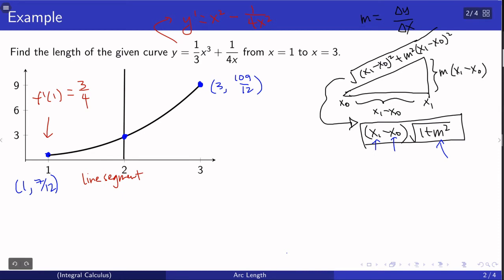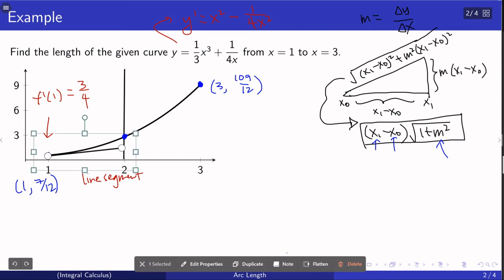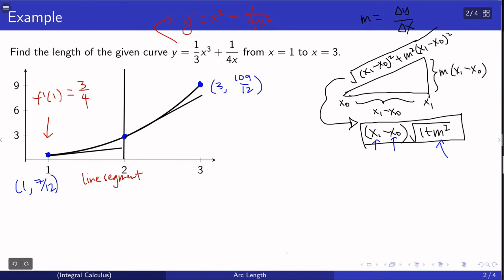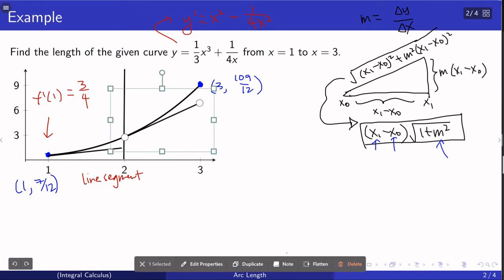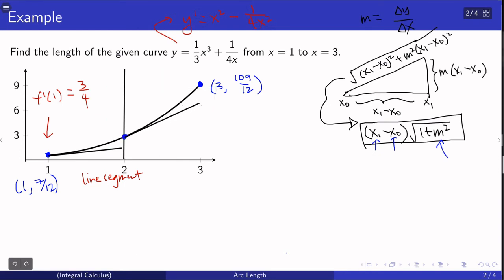And instead of using that single line segment that spans the whole interval from 1 to 3, why don't we use one line segment for each subinterval that's determined by whatever the slope is at the left endpoint. Right, so in here we need to know f prime of 2, and plugging it in here, it's 4 minus 1 over 16, so that's 63 over 16.